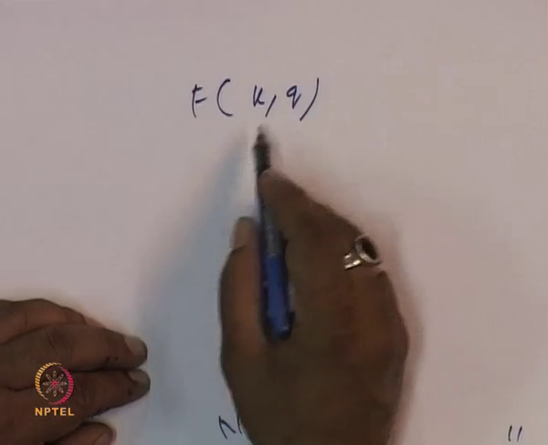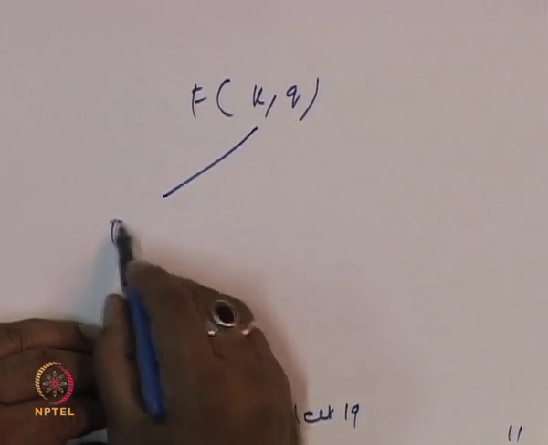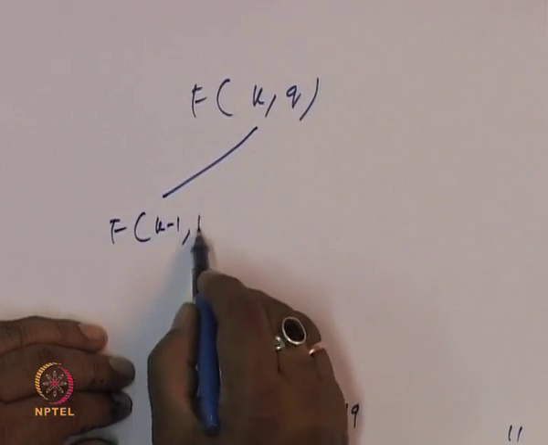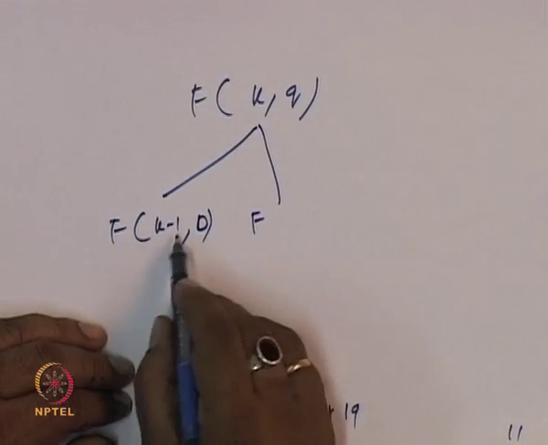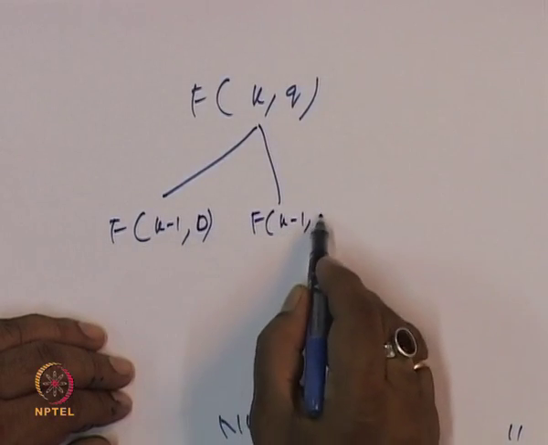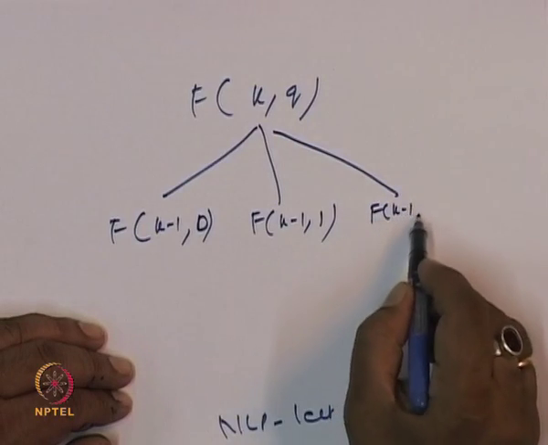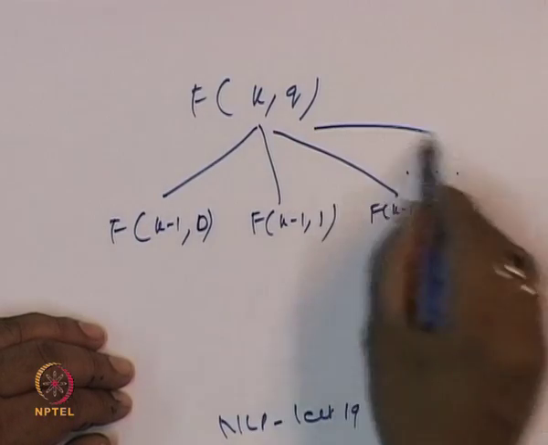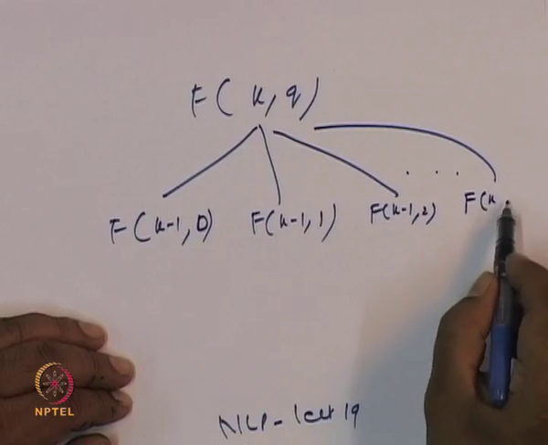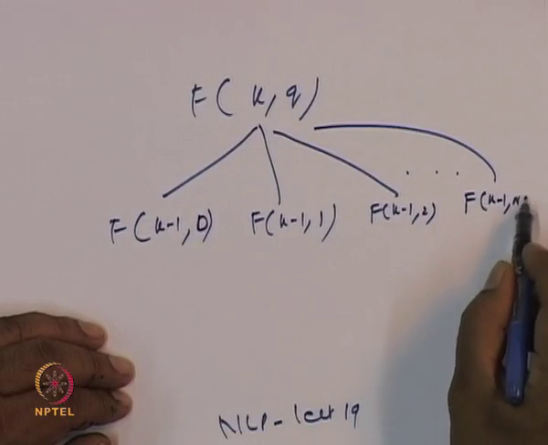So, f k comma q is computed by f k minus 1 comma 0, f k minus 1 comma 1, f k minus 1 comma 2 and so on, f k minus 1 comma n.